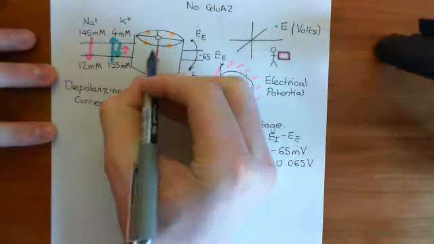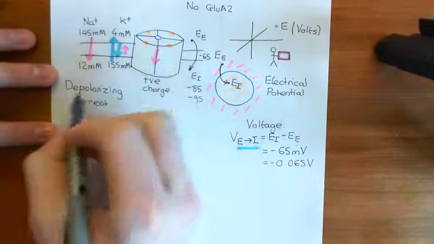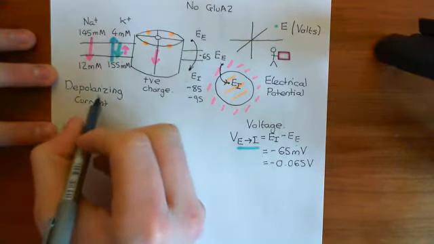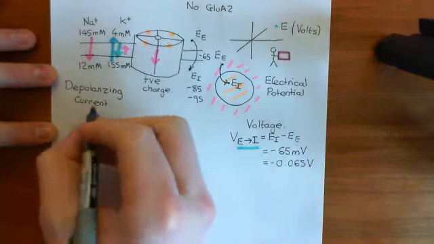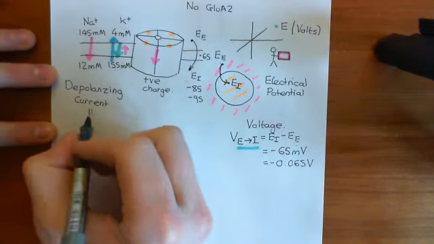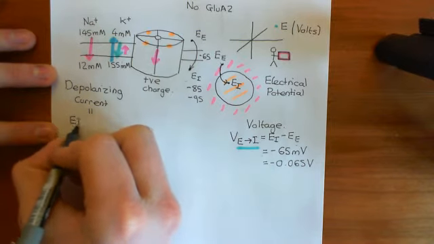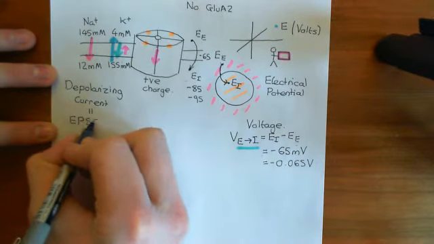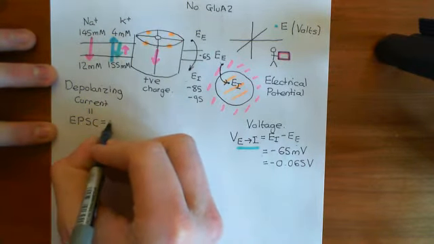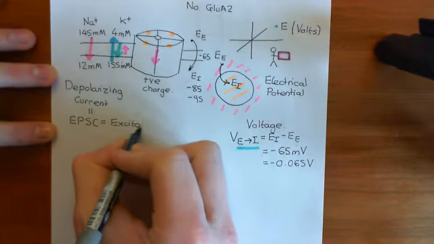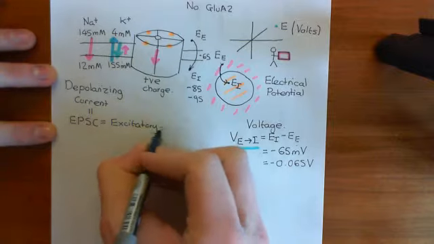This is certainly a movement of charged particles. Depolarizing current means that it's going to depolarize the electrical potential difference across the cell membrane. There's another name that's often used for a depolarizing current. It's called an excitatory postsynaptic current, or an EPSC. So this stands for an excitatory postsynaptic current.